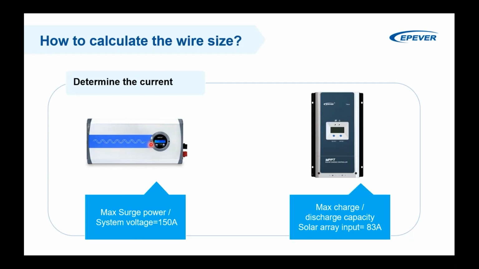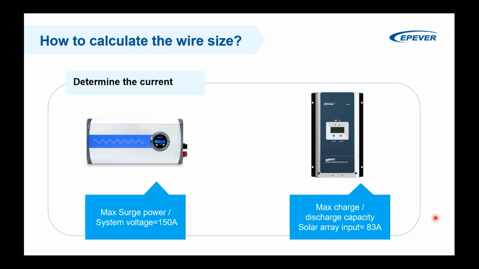So you should account for that amount of current that is demanded by the inverter. Then you take the maximum surge power. For the charge controller, the limit will be the charging and discharging capacity. We talked about it.